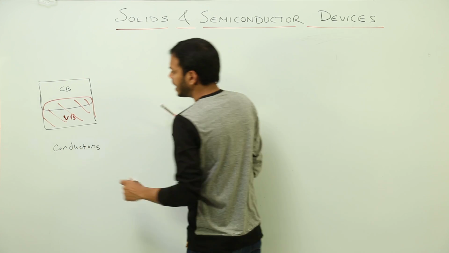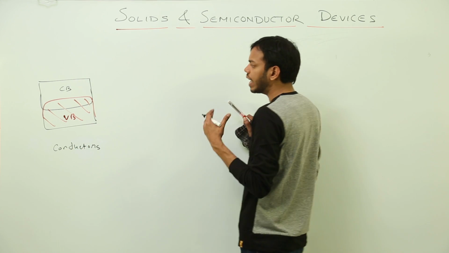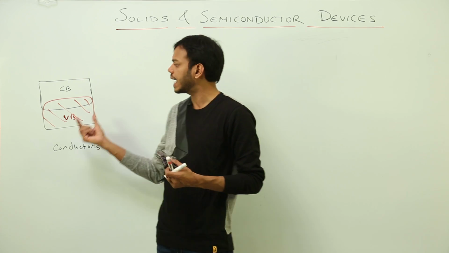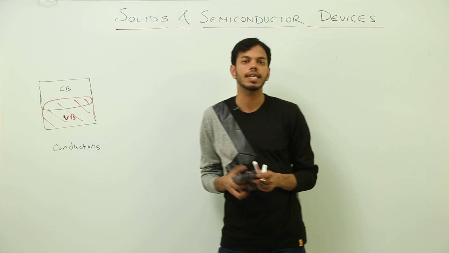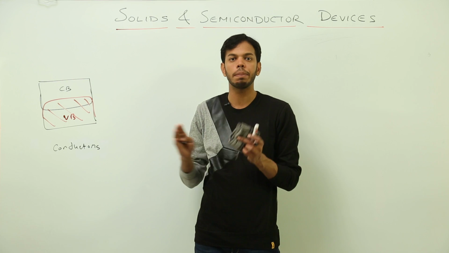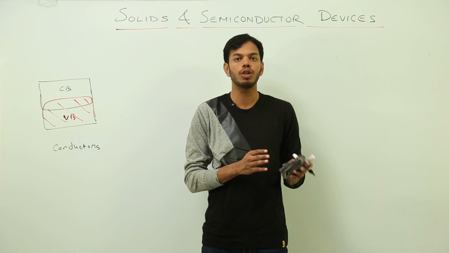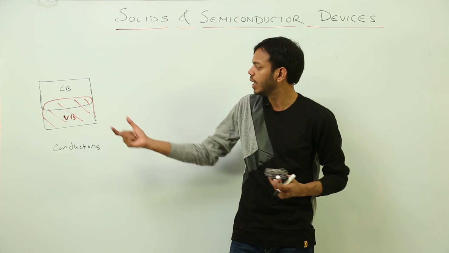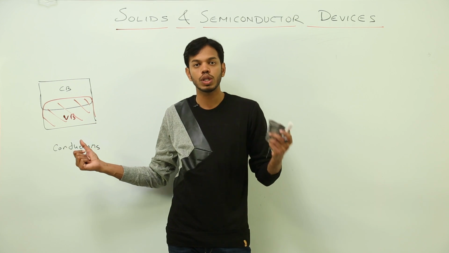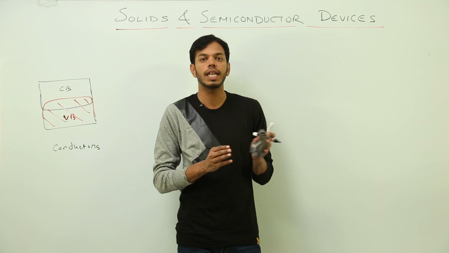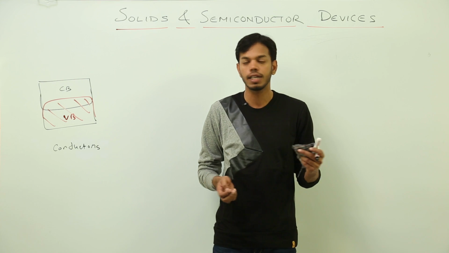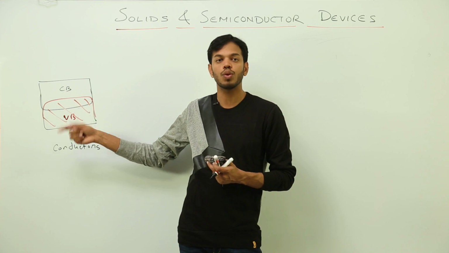conductors. But how can you explain the concept that the valence band is actually overlapping the conduction band? What do you mean by conduction band? Those free electrons which are completely separated from the atom and which are free to move in interstitial voids. But the valence band corresponds to those electrons which are still attached to the atom, that is, they are in the valence shell. So how can we say the valence band is overlapping the conduction band?